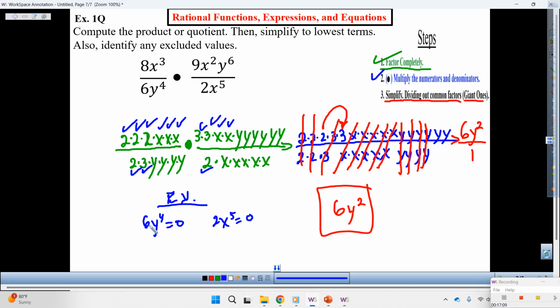So question, 6 times what gives me 0? 2 times what gives me 0? 0. So what is my excluded value? 0. That is correct. I don't even need to do all the solving and such.